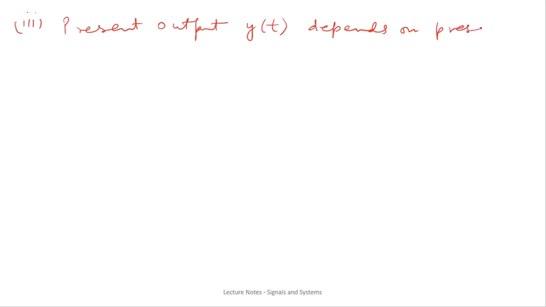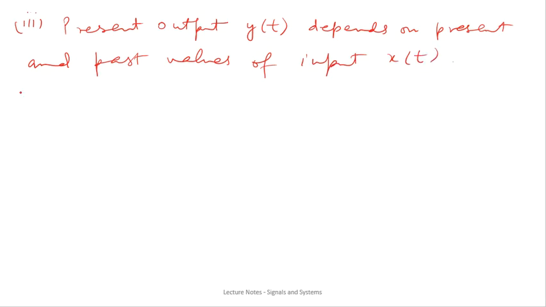So you can just write down that present output yt depends on present and past values of input xt, and that means that the system is causal.